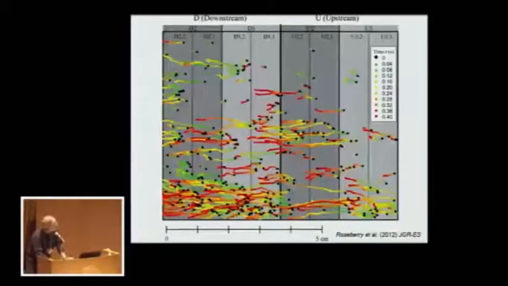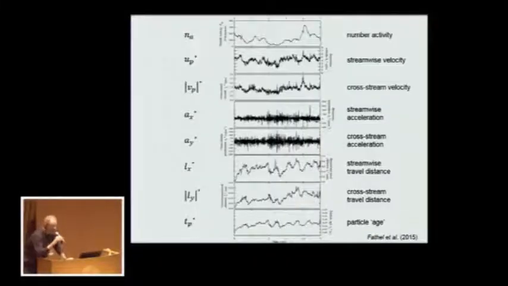Okay, what do those look like? This, for example, represents a set of measurements, just focusing on the first couple of points. This is the number of particles in motion during each frame. Notice the fluctuations, the frame average streamwise velocity, and so on.